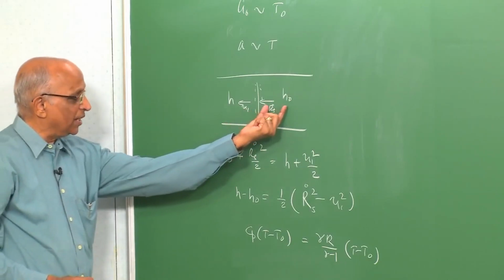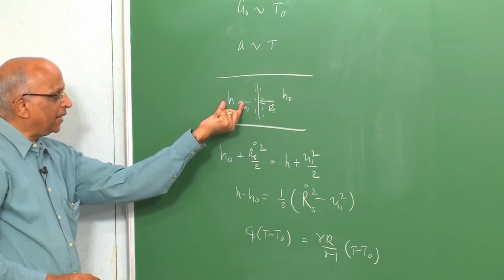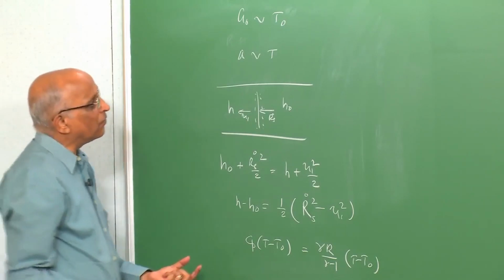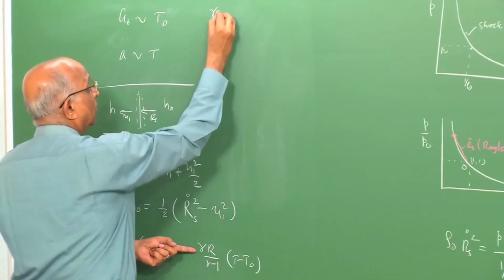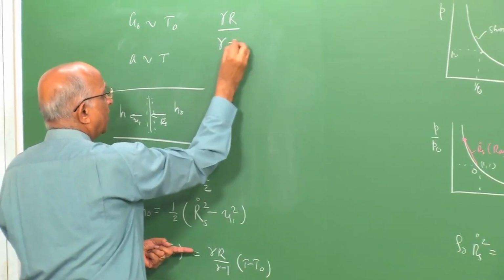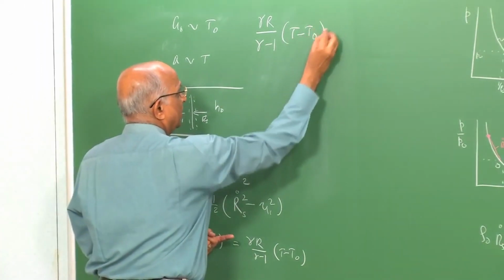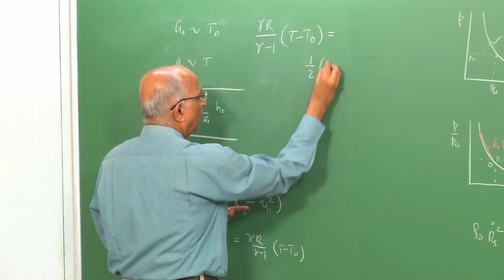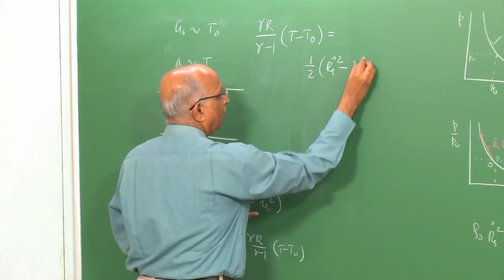This particular equation, which balanced the enthalpy and kinetic energy ahead with the enthalpy and kinetic energy after the shock, gave the equation in the form gamma R divided by gamma minus 1 into T minus T 0 is equal to half into rs dot square minus u1 square.